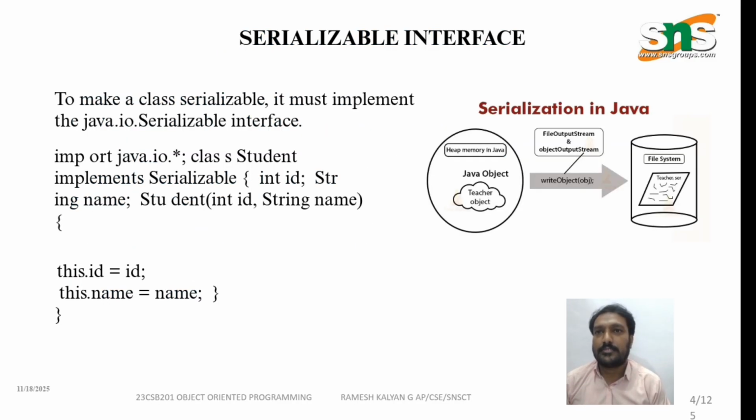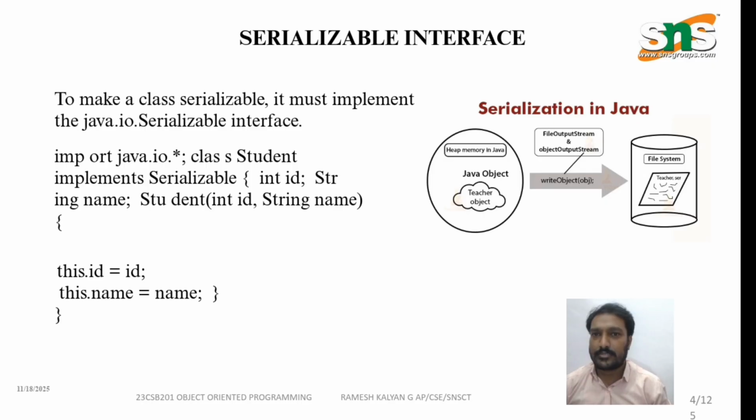Next is the Serializable interface. Previously we saw the definition of serialization and deserialization, and the need for using serialization. Now we explain the Serializable interface with the help of a small example program.